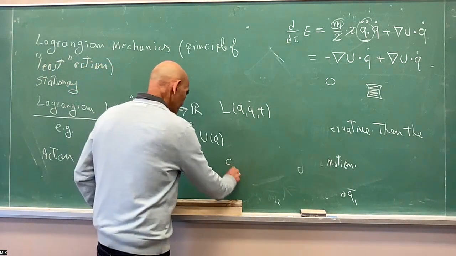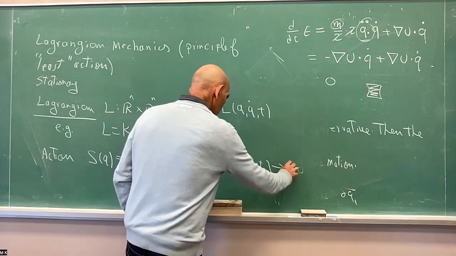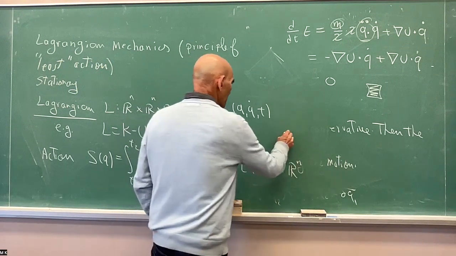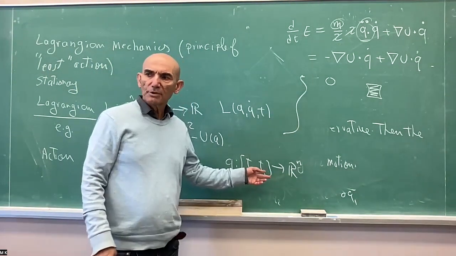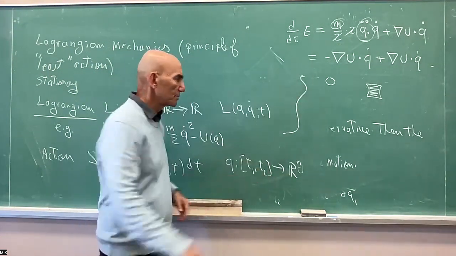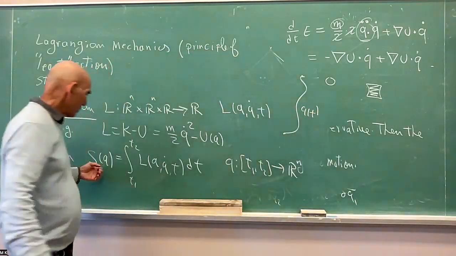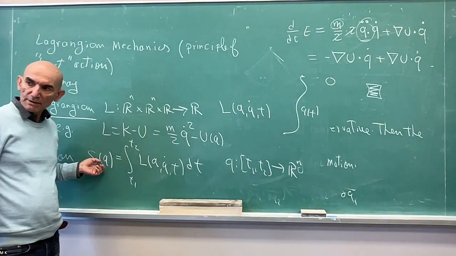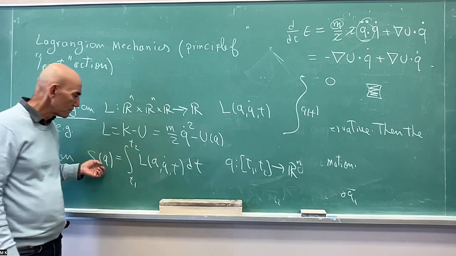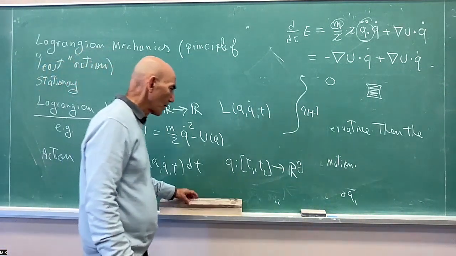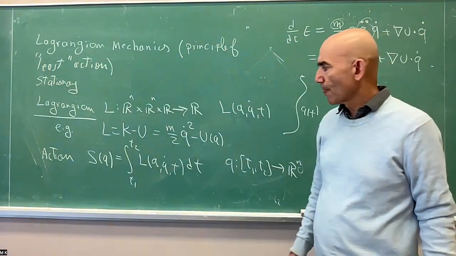So here q goes from the interval t1, t2 to Rn. We just take a path that starts at time t1 and at time t2 reaches the endpoint. So to this path, we give the associated number called the action of this path. So this is S, the action.